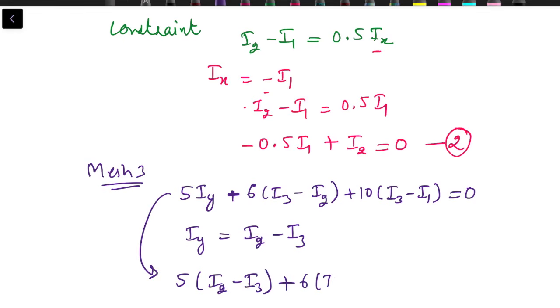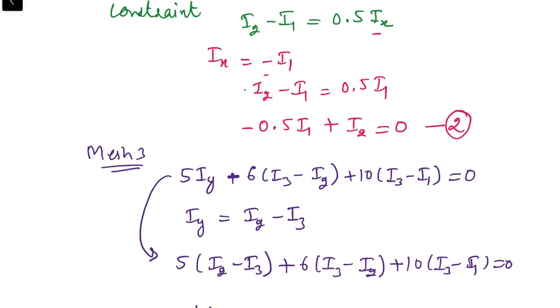So we will have 6 into (I3 minus I2) plus 10 (I3 minus I1) equal to 0. The simplification of this equation will be minus 10 I1 minus I2 plus 11 I3 equal to 0. So this is our third equation.